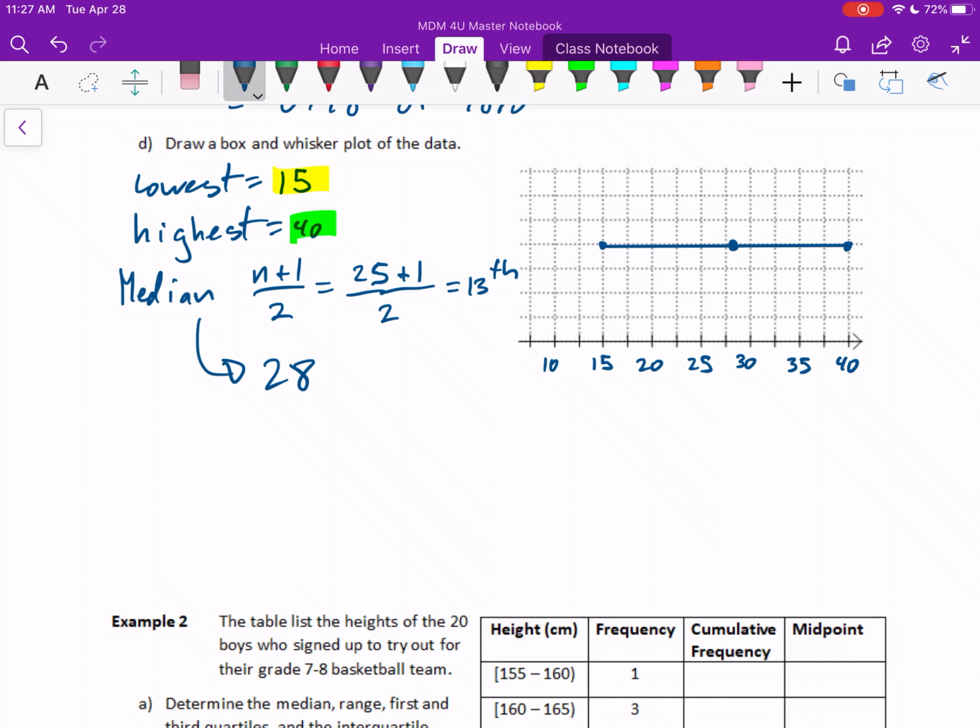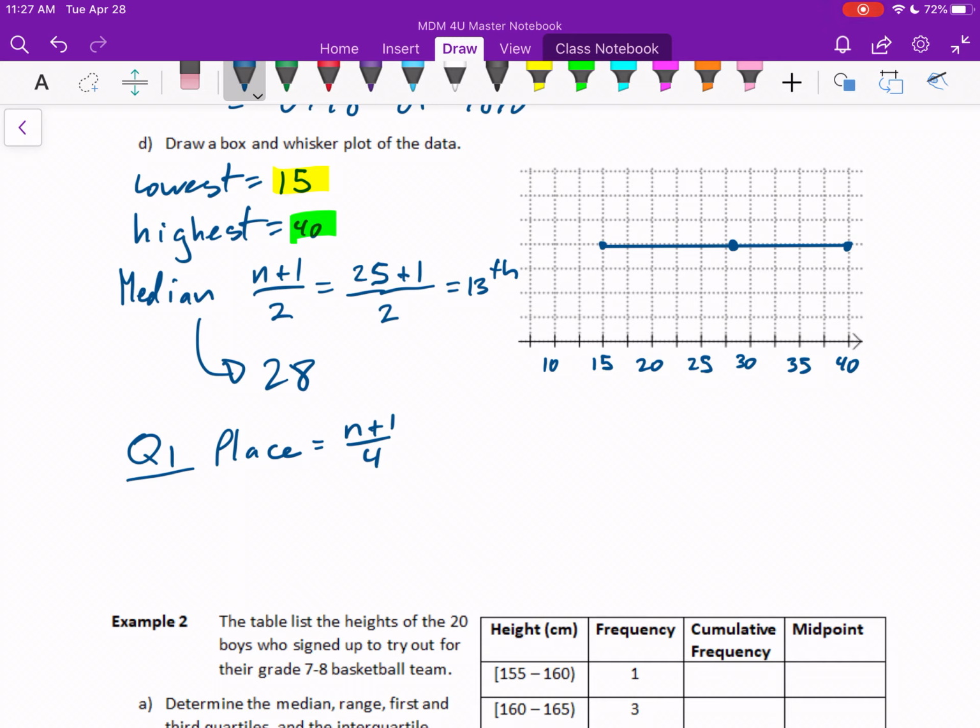If I want to calculate Q1, I'm going to do it the exact same way, really. I want to find the place of the particular number I'm looking for. So instead of doing n plus 1 divided by 2, I can do n plus 1 divided by 4, because it's 1/4 of the way through.